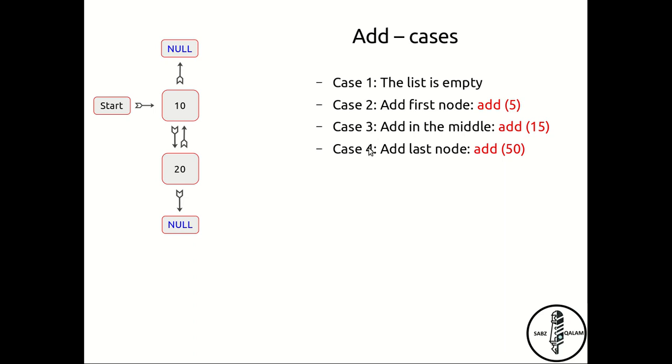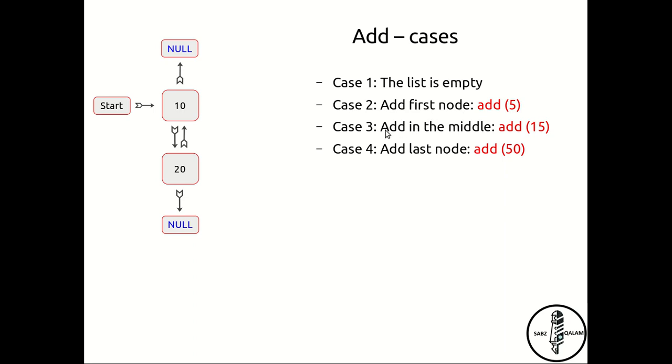So there are four cases. The first case is, what do you do if the list is empty? The second case is, what do you do if you're trying to add, let's say, a number 5 in this case? Because 5 is smaller than the first element, 10, you are going to add the first node.